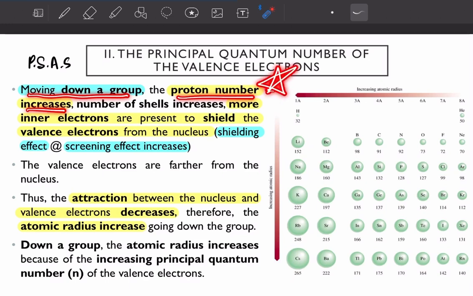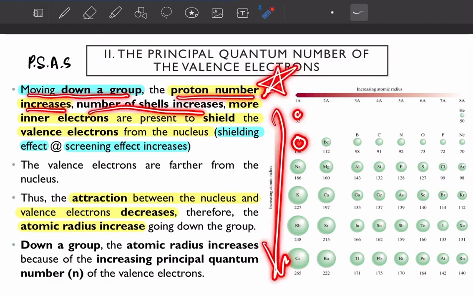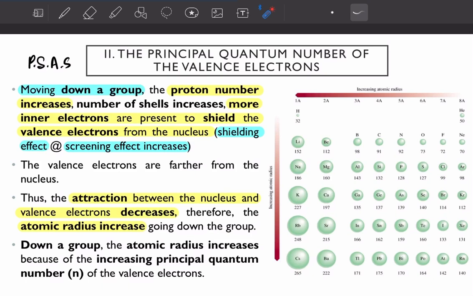Going down the group, we know that the number of shells also increases. So daripada satu shell, lepas tu ada 2 shell, sekarang ada 3 shell, lepas tu ada 4 shell. Makin banyak shell going down the group because your n is increasing.